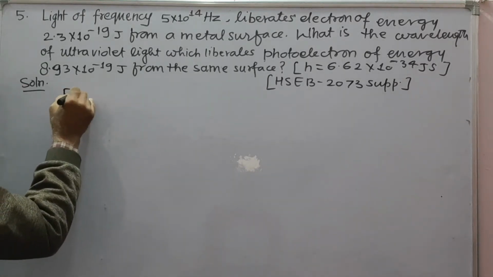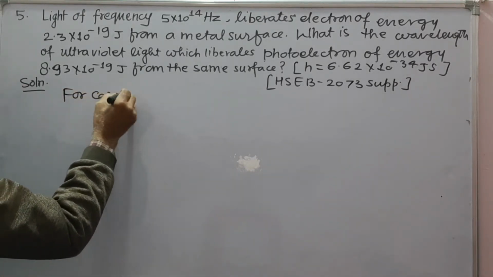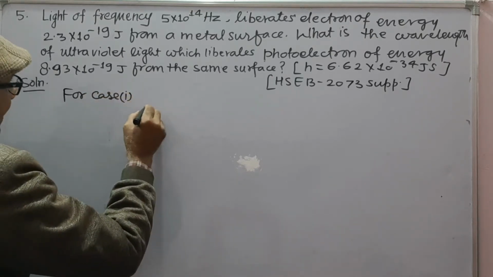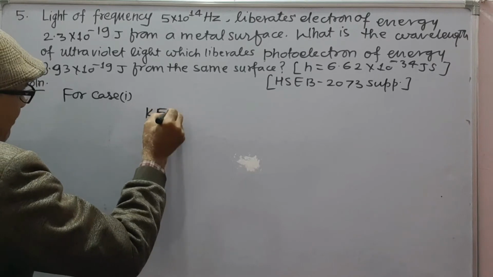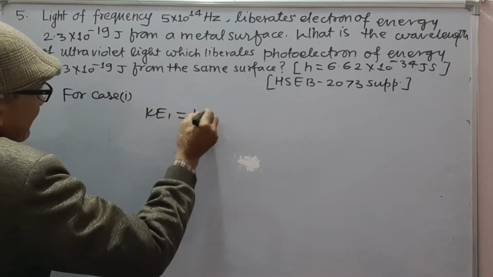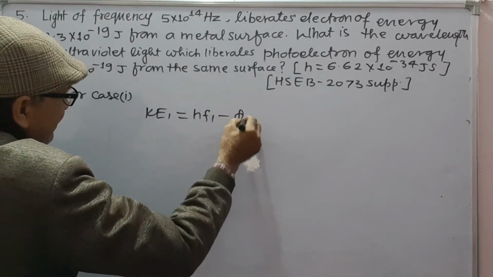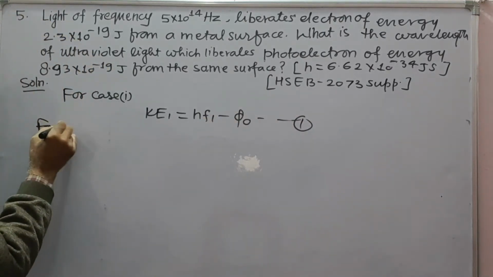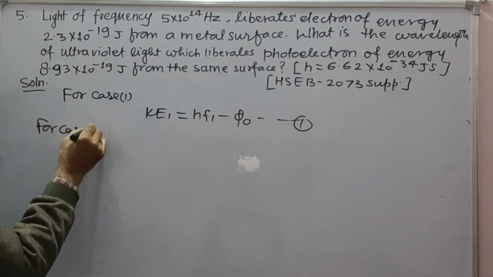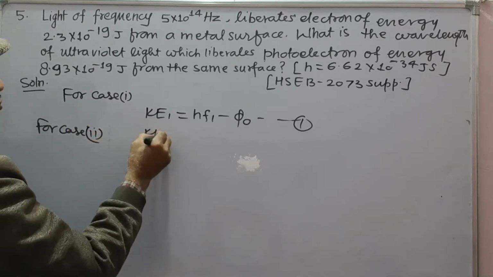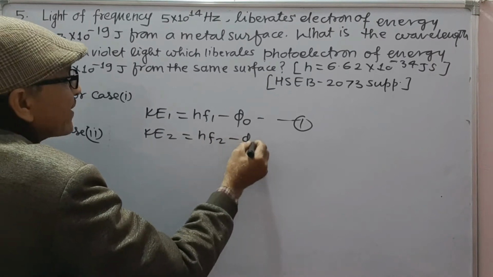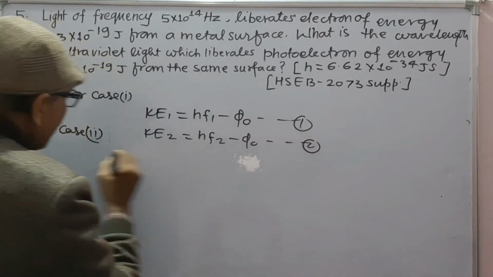For case 1, KE1 will be equal to h f1 minus phi naught. Suppose this is equation 1. And for case 2, KE2 will be equal to h f2 minus phi naught, equation 2.